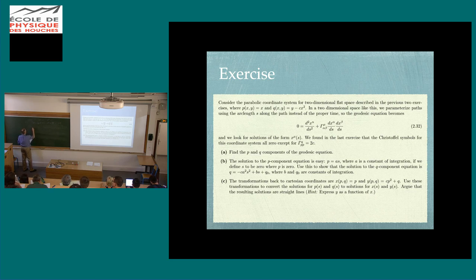The geodesic equation says the double derivative of P, if we're working in a two-dimensional space, with respect to distance, which we're using as the parameter, plus the Christoffel symbol P mu nu times all the possible 4-velocities. But I'm sorry, this is S. Okay? So what is that?